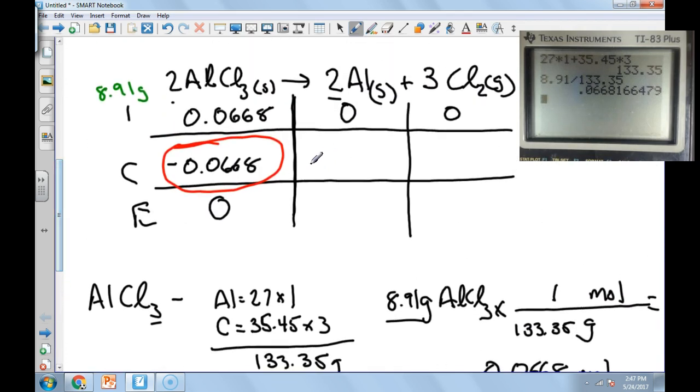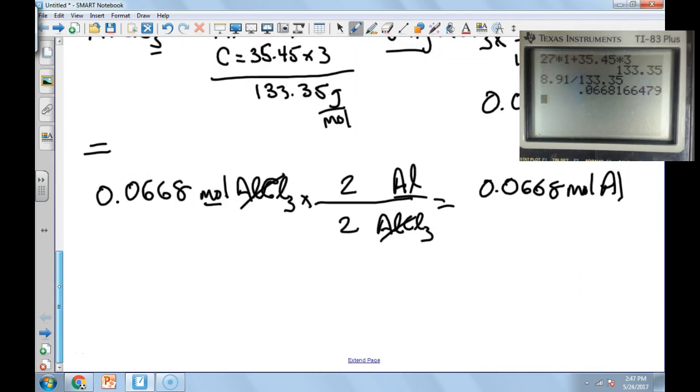In this case, we converted it to moles of aluminum. So we're going to go 0.0668, but because this is a product, we are making it, so it's going to be plus 0.0668. And now we can do this box. We're still going to use this red one to go here, but instead of going from AlCl3 to aluminum, we're going to go from AlCl3 to Cl2.